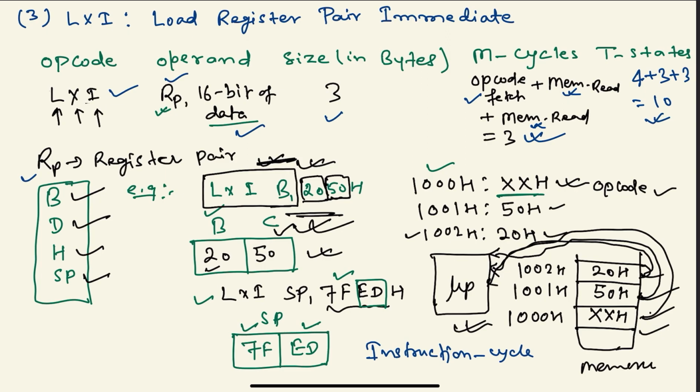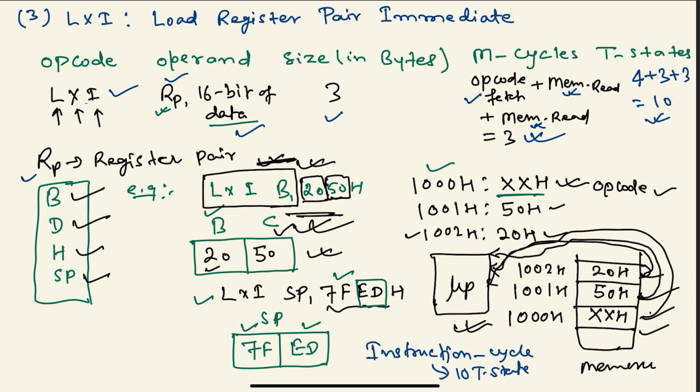So if someone asks about the instruction cycle, we can say it has 10 T states, or 10 clock periods are required to complete the instruction cycle. And if someone asks how many machine cycles are there in this instruction cycle, we can say there are 3: opcode fetch, memory read, memory read.